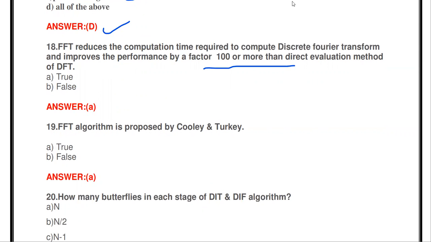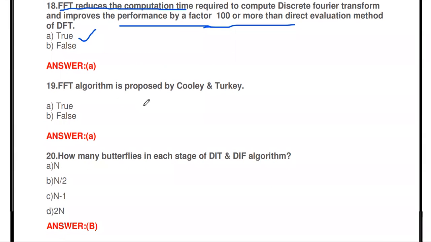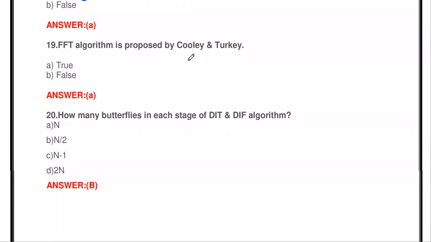It reduces the number of multiplications and additions to n by 2 log n and n log n. Automatically, if computation reduces, the computation time also reduces. So that's why the performance is increased by a factor of 100 or more. Then the next one: the FFT algorithm was proposed by Cooley and Tukey.